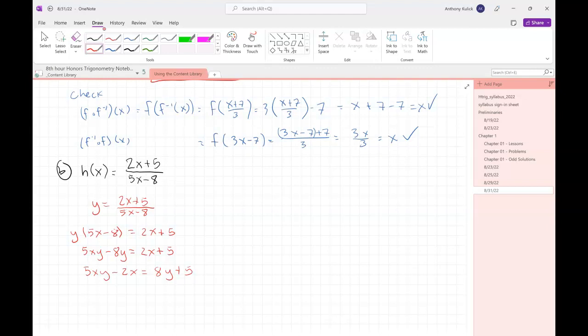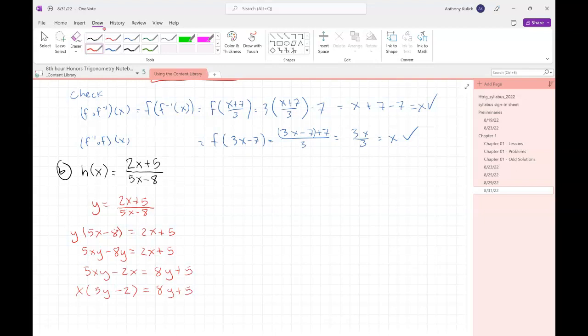Now what's the problem here? I have x in two places, right? How can I put x into one place with what I have written here? Factor. Good. What kind of factoring am I going to do here? Just like a greatest common factor, right? The simplest kind of factoring, like pre-algebra factor.